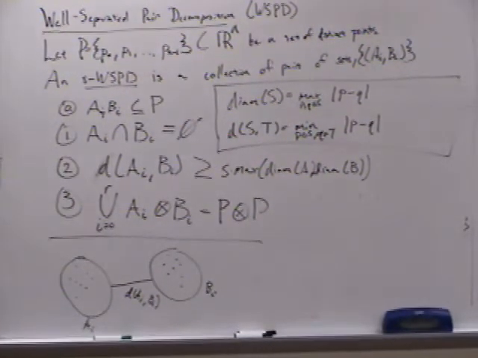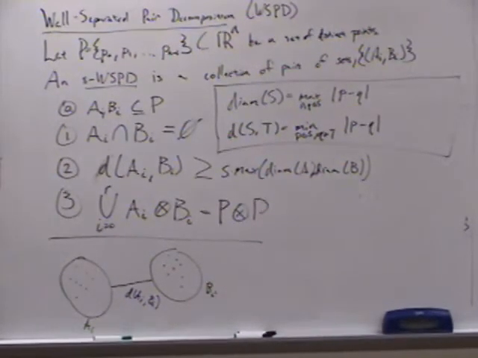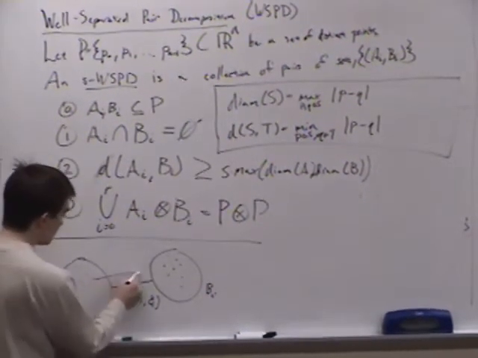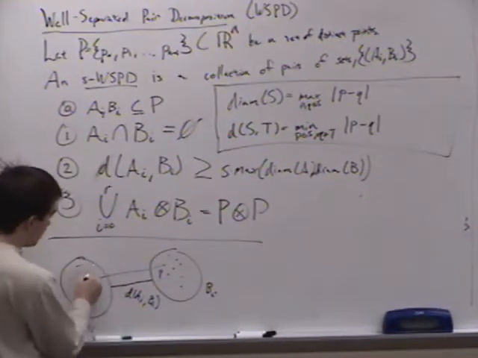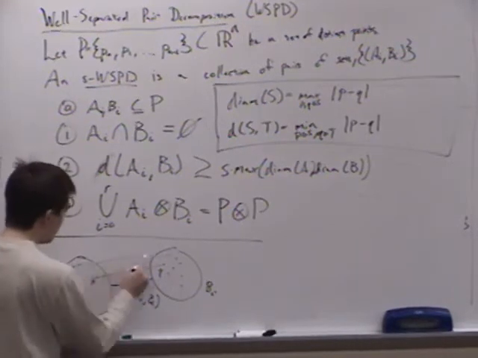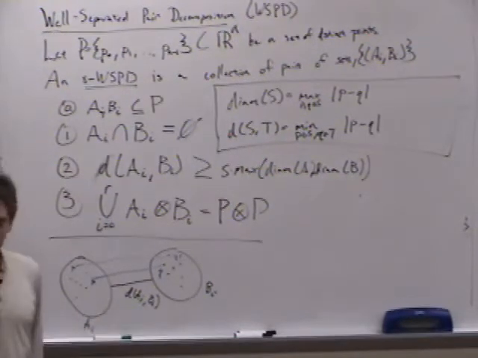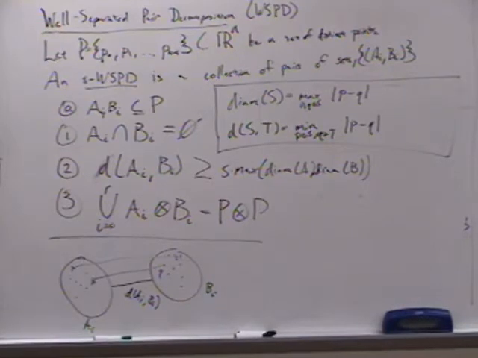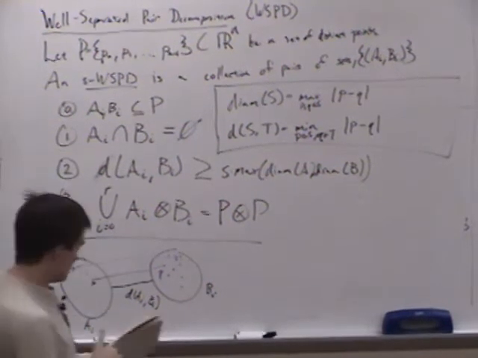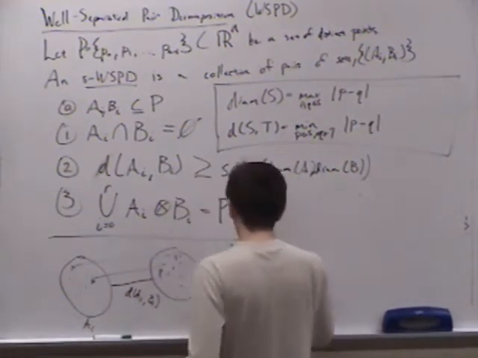And yesterday, we proved the following simple little result, right? Which is that if I take any pair of points here, call this one P and this one Q, and if I take another pair of points, call this one P prime, this one Q prime, then if these two things are indeed S well separated, then I can say something about the distance between P and Q in terms of the distance of P prime and Q prime.